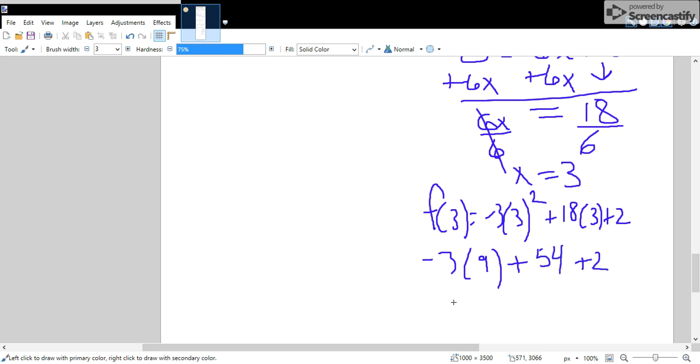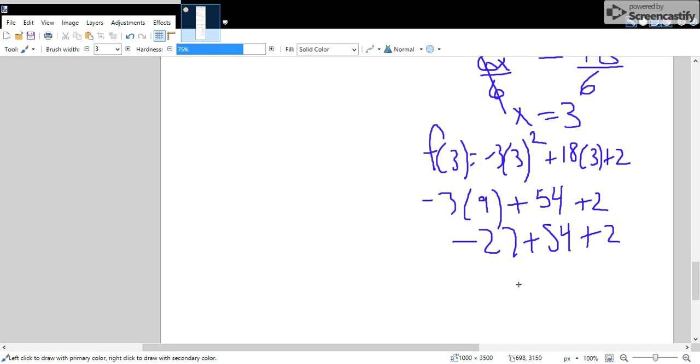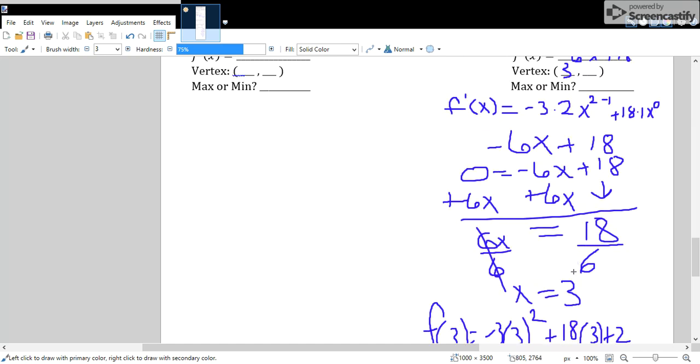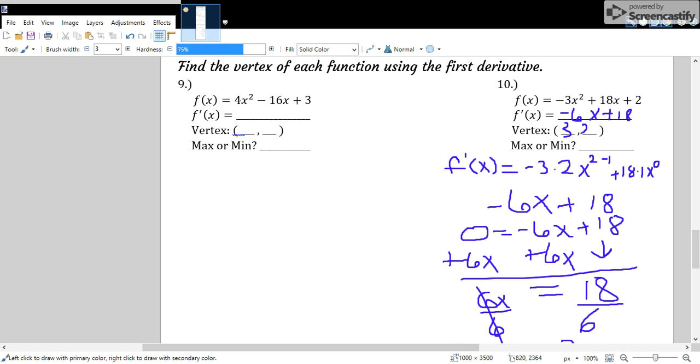So 9 times negative 3, negative 27. Negative 27 plus 54 plus 2, that's 29. So our y part is 29. A equals negative 3, so it's going to be a max. Try the rest of these problems on your own or with a partner.